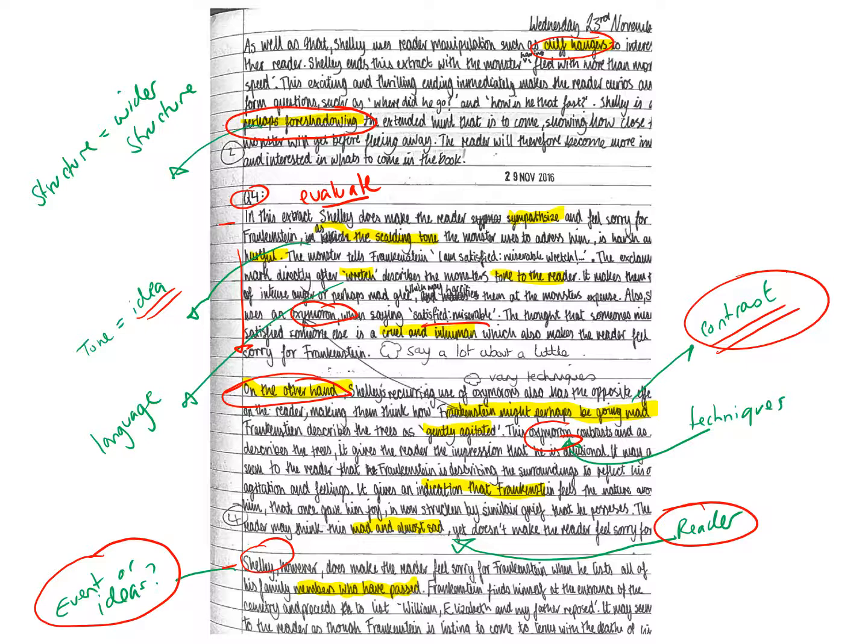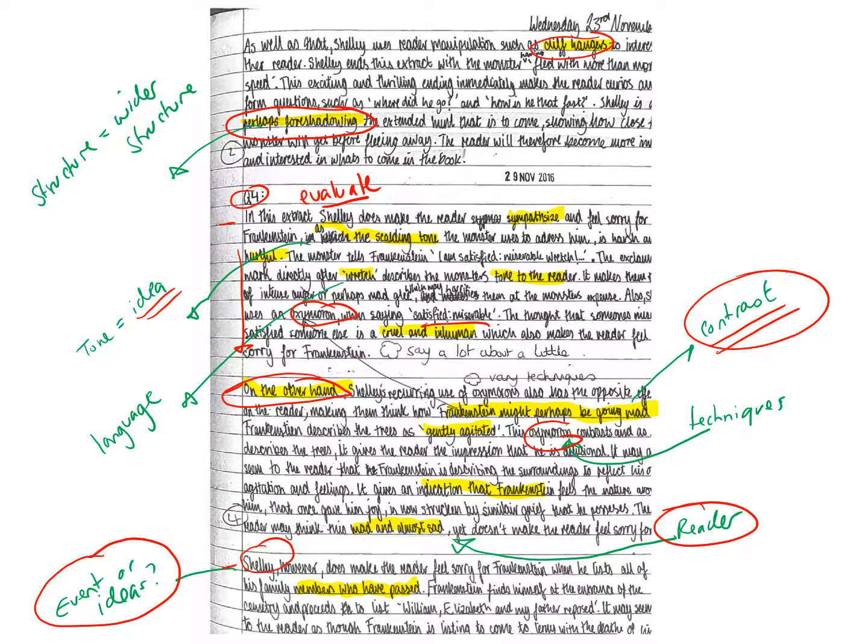And certainly when you are writing an exam response, you might find yourself using a direct recounting of an event as the opening of your evaluative paragraph. It can happen. The difference between an event and idea is that the event is Victor Frankenstein lists his family members who have passed.